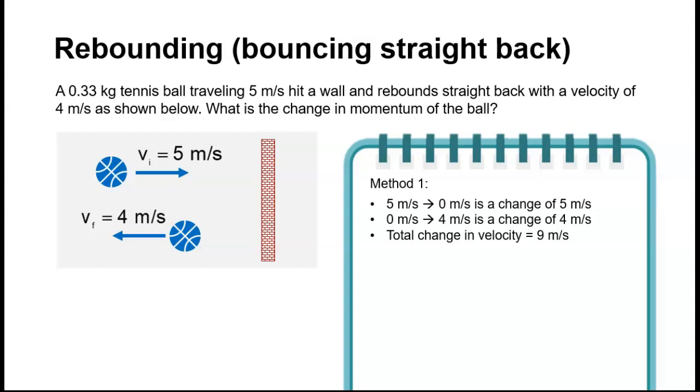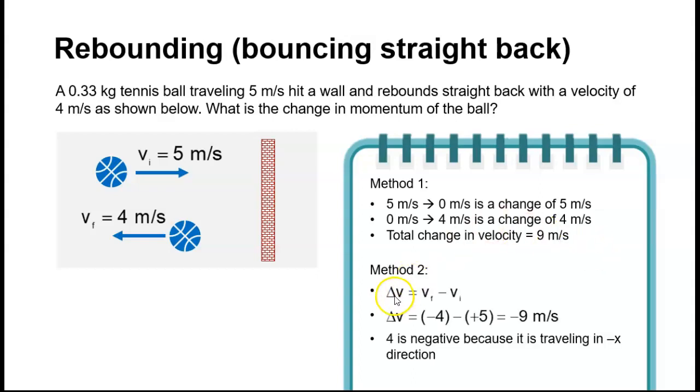Another way that you could find the change in velocity is to say change in velocity is the final velocity minus the initial velocity. So the final velocity, it's not 4. The final velocity is negative 4. Things that go in the positive x direction are positive. Things that point in the negative x direction are negative.